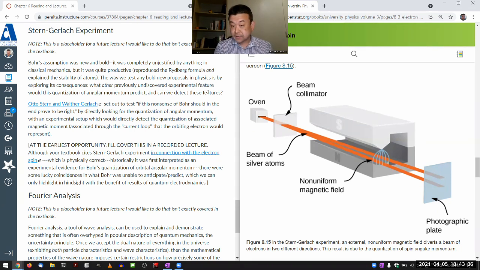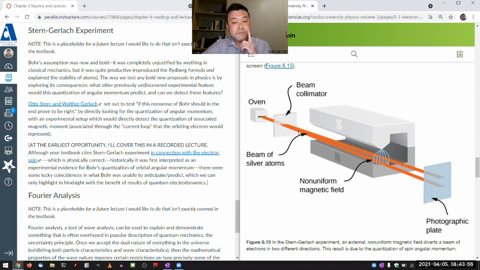And I guess the simple description here is this is what they saw. They had a beam of neutral silver atoms. Because they're neutral, if you put them in an electric field, it wouldn't do anything.